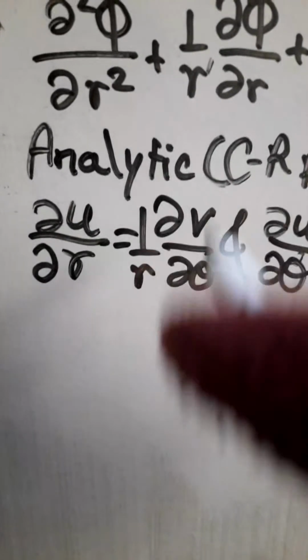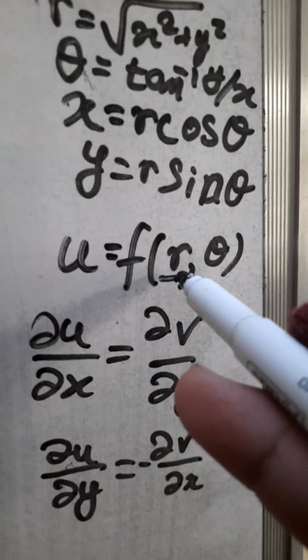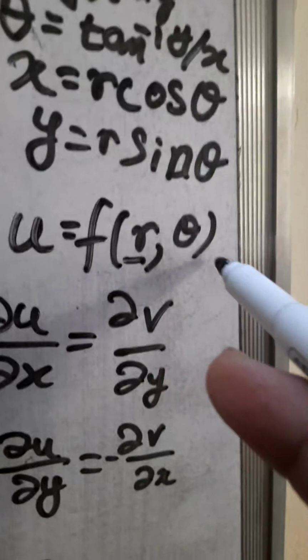In u, r is the first function, and theta is the second function. And u is the first function in z, v is the second function in z.